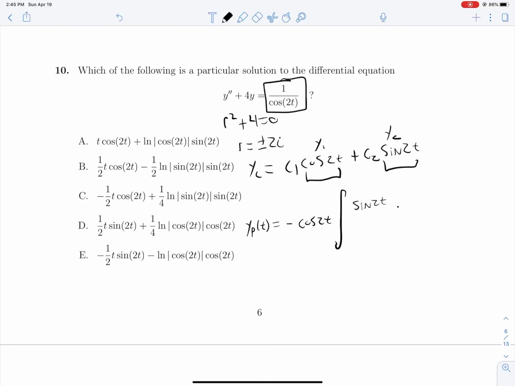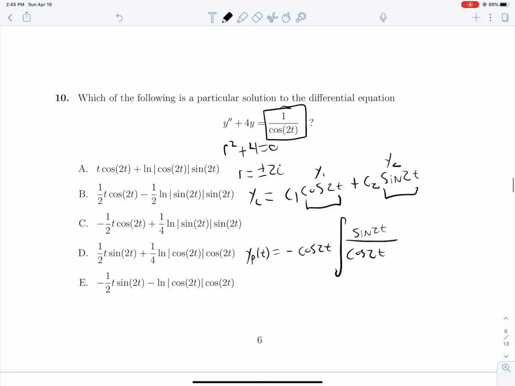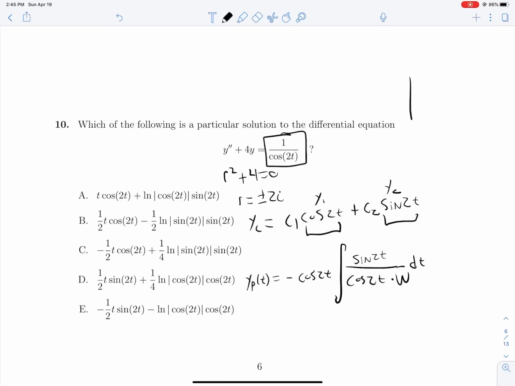So that's times, I'll just put that in the denominator, cosine 2t. And then on the bottom, we're also multiplying by the Wronskian of our two solutions. That's the determinant of the matrix formed by our two solutions, cosine 2t, sine 2t, and their derivatives.